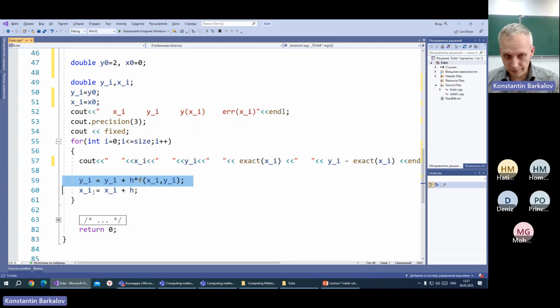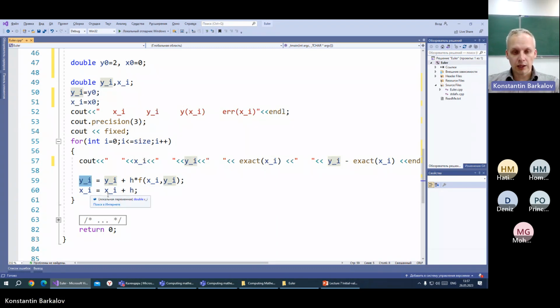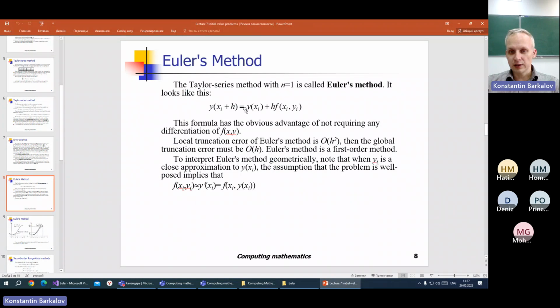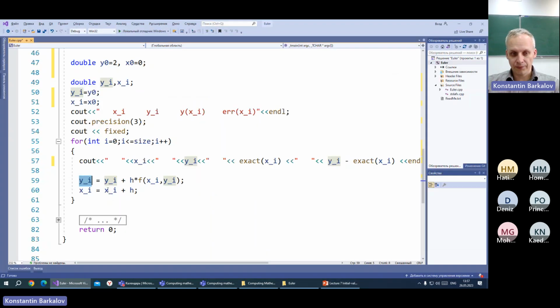After that, I can recompute the values of yi and xi. Xi is very simple, it is just the previous value plus h. Yi, I should compute using this formula: yi plus 1 equals yi plus h f of xi yi.